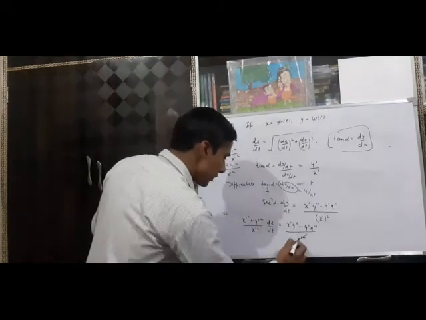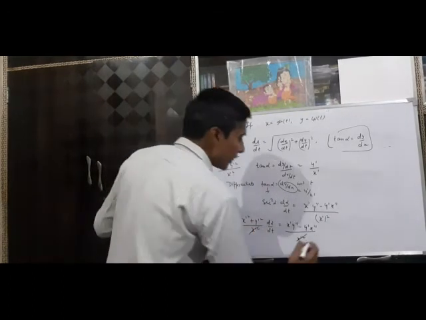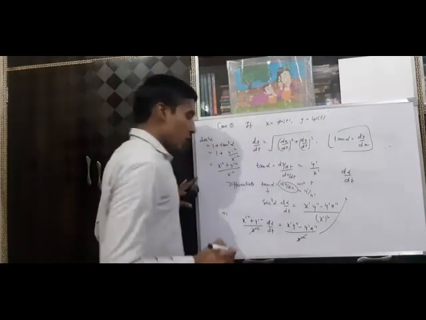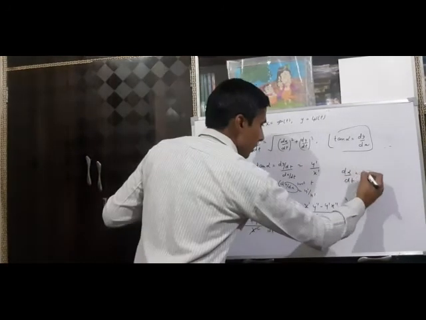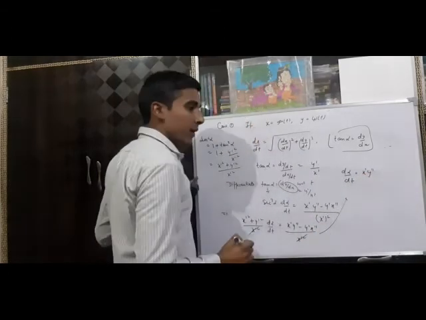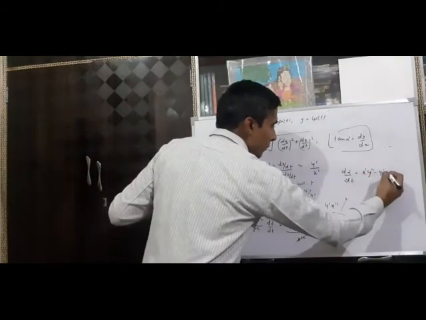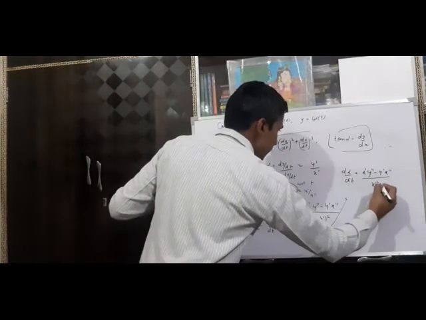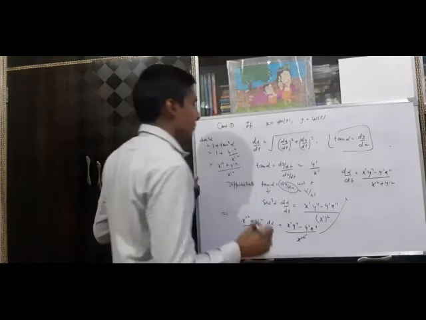So x prime square cancels, and we get d alpha by dt as x prime y double prime minus y prime x double prime divided by x prime square plus y prime square.